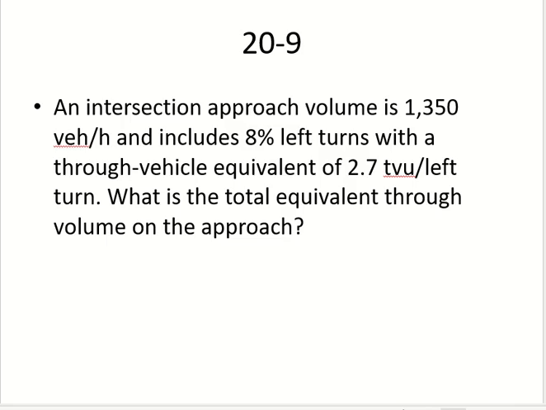And now I will add this to get the total. This is the true total. Which is how much? 1,524. So if this was a total volume on an intersection, 1,350 would be the wrong value; the correct value will be 1,524.